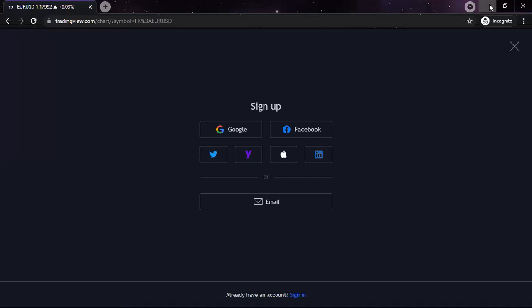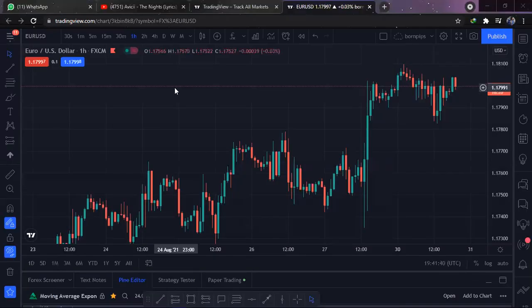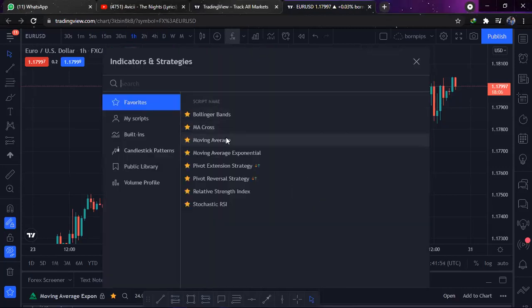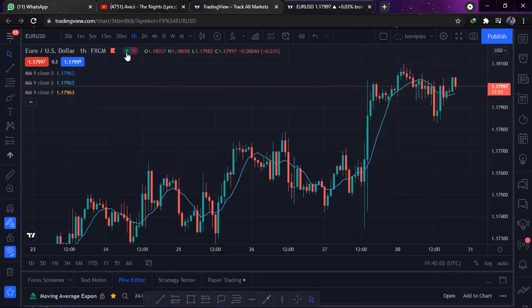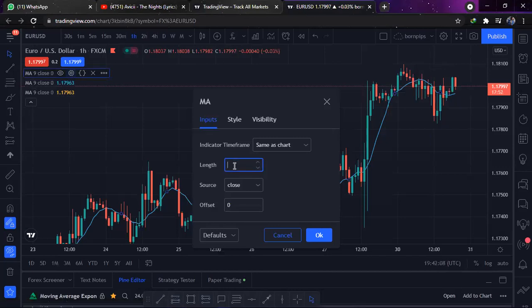Let me share the screen. Okay, I hope you guys can see my screen now. Let me add the indicator to it. I think my indicator bar is somewhere here, hidden below. First one is 200, 220.